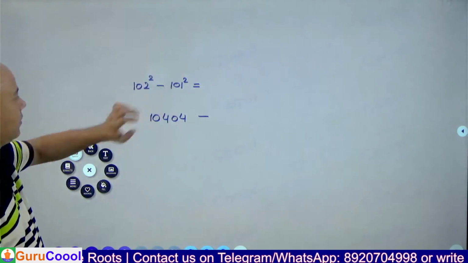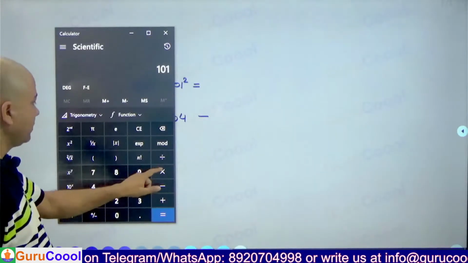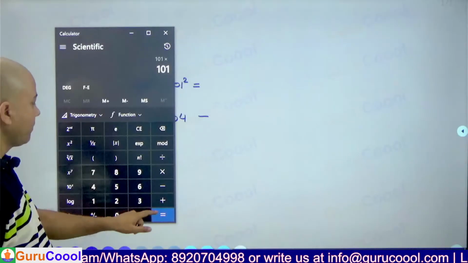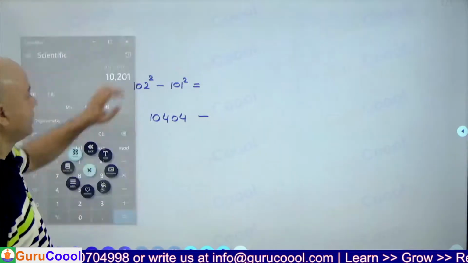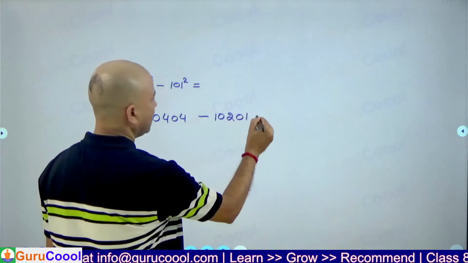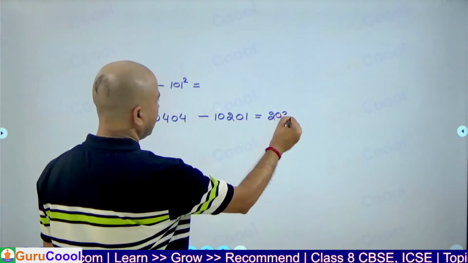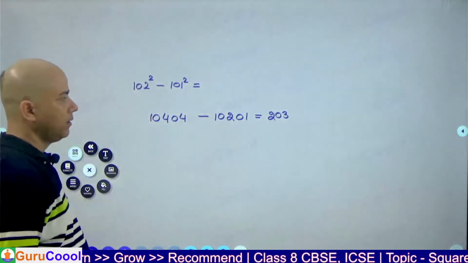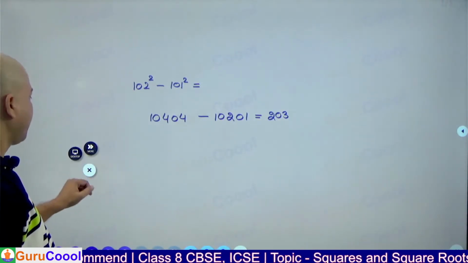And 101 square, 101 into 101, is 10,201, right? If you subtract, you'll get 203, right?